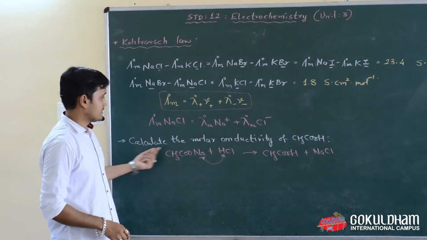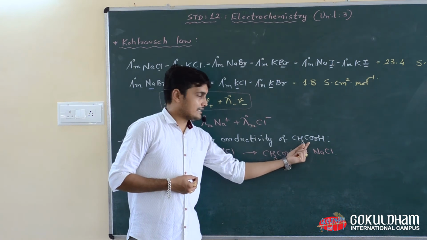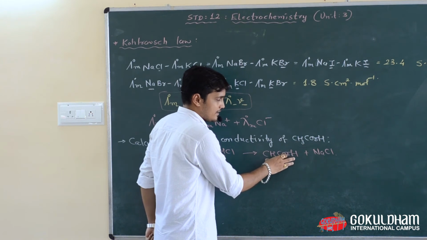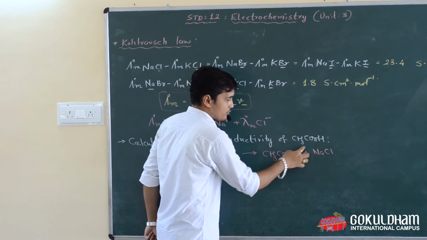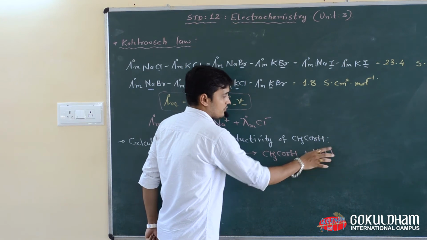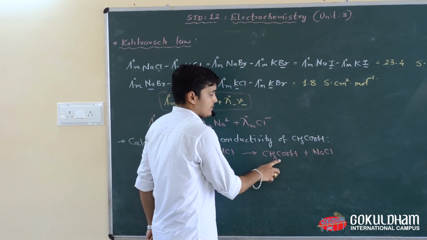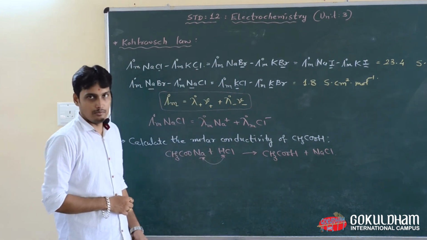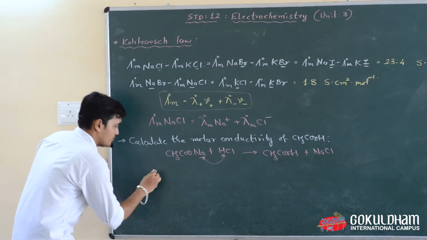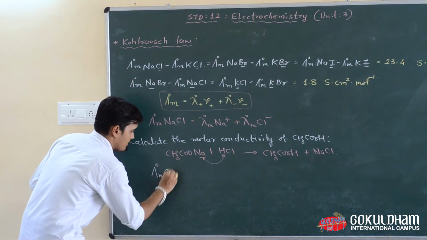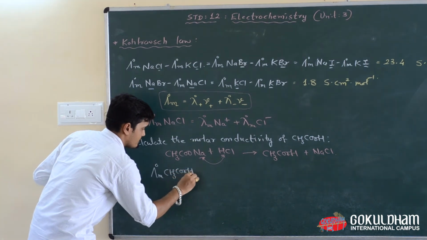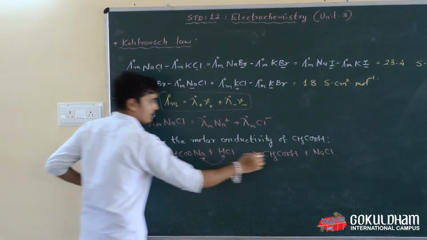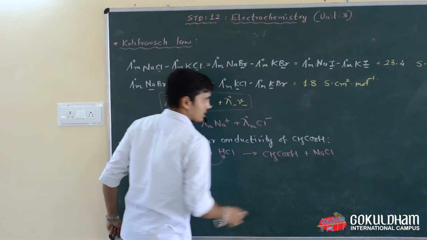So in our case we want the acetic acid molar conductivity. It means we want this CH3COOH. This is the byproduct, which is plus NaCl. So you have to subtract this product to actually know the molar conductivity of CH3COOH. So you can write lambda 0 m of CH3COOH is equal to the sum of these two molar conductivities and minus this NaCl's molar conductivity.